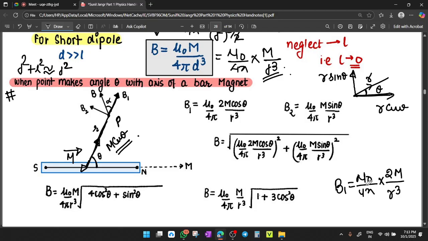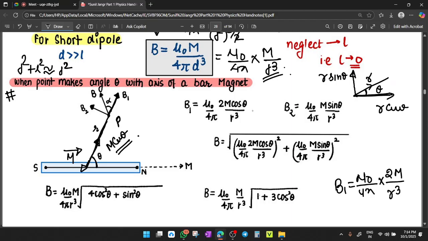So this is the component B1, right? The second case is B2. The second case B2 is equal to mu naught upon 4 pi m sine theta by r cube. This is one part, B2.